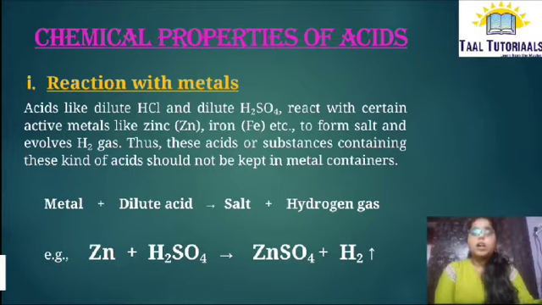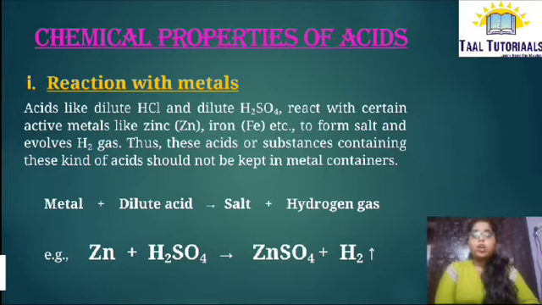Okay, and this is the reaction with metals, that is, how acids will react with metals. Acids like dilute hydrochloric acid and dilute sulfuric acid react with certain active metals like zinc and iron to form salt, and there is an evolution of hydrogen gas.